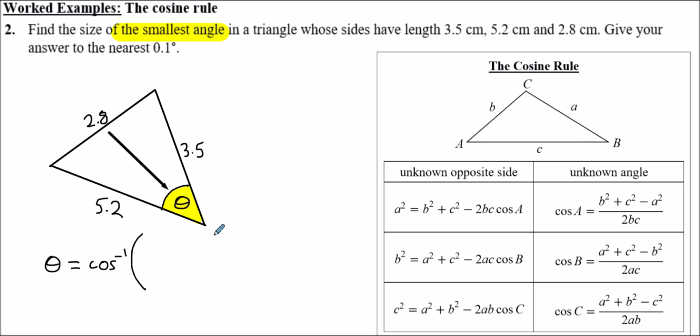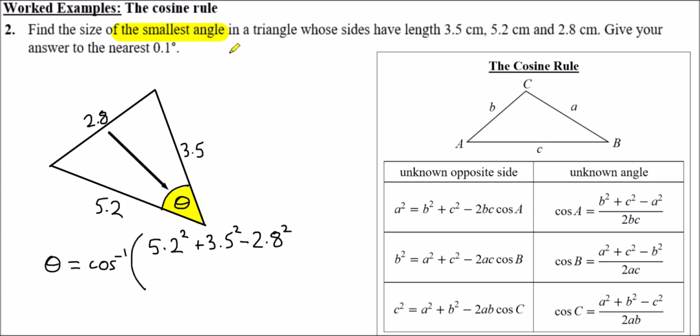And it's always going to be the two sides that are on either side of your angle, squared and then added together. So add together the two sides that flank the angle. You then minus off the side which is opposite to the angle you're trying to find.